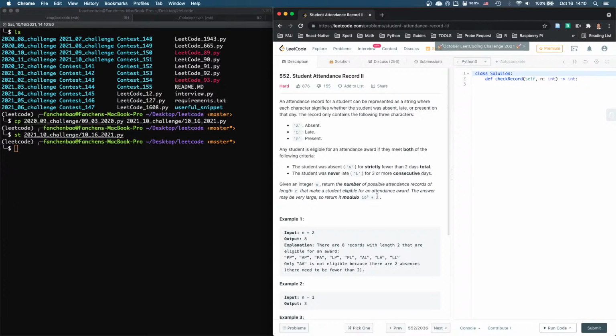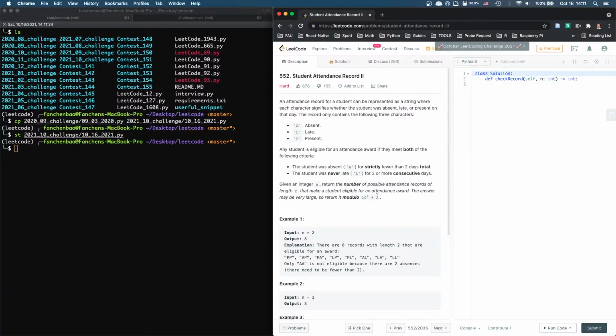So we can do LL. That's the maximum we can do for consecutive late. But it can be not consecutive late. It can be late interspersed with present, like LP. That one will work. But we cannot do LLL. LLL will fail, but LL is fine. And then all else is not consecutive.